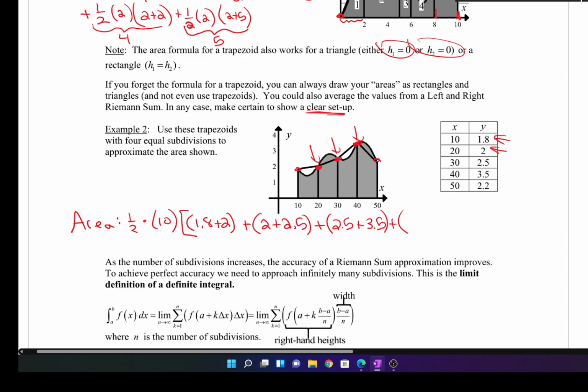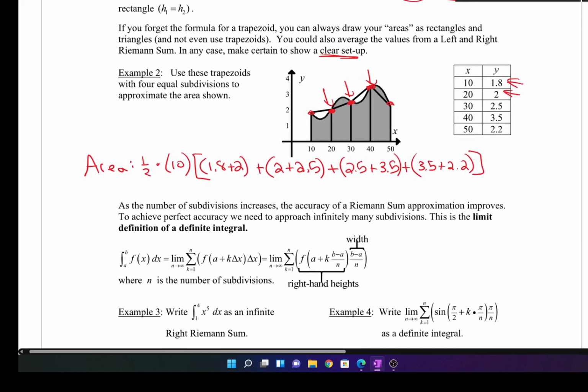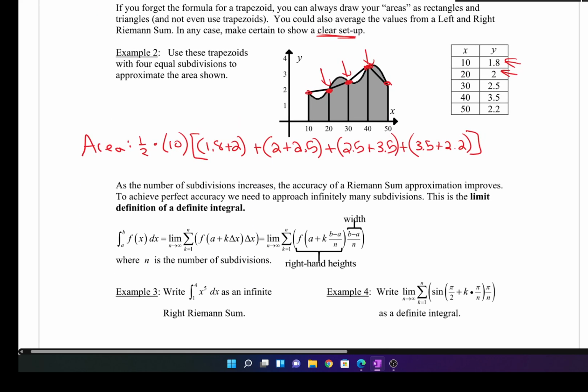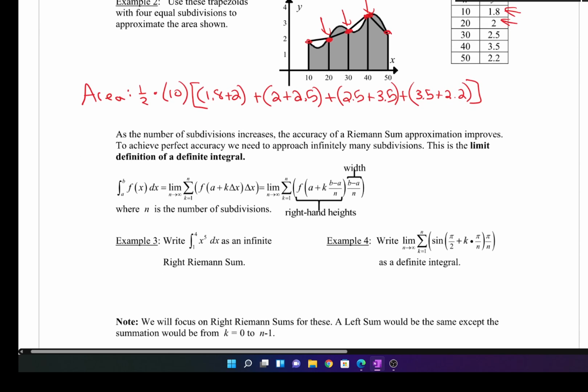Yeah, if you forget the plus sign, it's all wrong. 3.5 plus 2.2. And ta-da, that would be your answer there. Again, I encourage you to go put it into a calculator. Try to do it by yourself, and if you can't, then put it into the calculator. Ask me for help, okay?